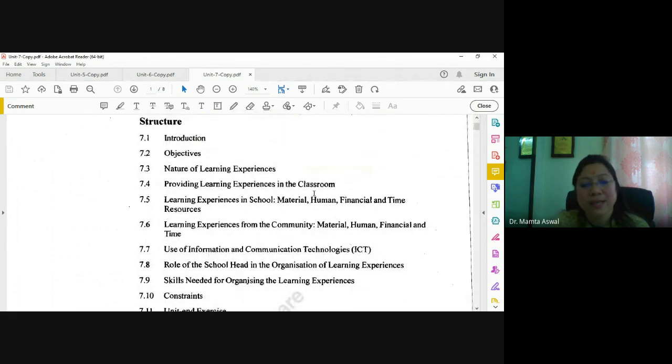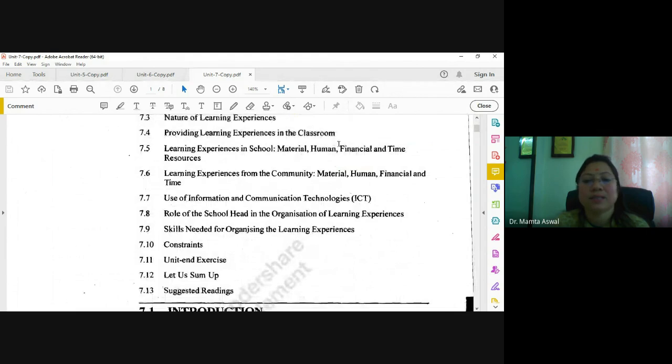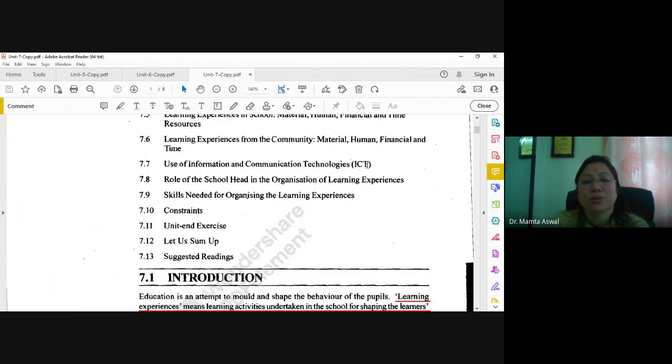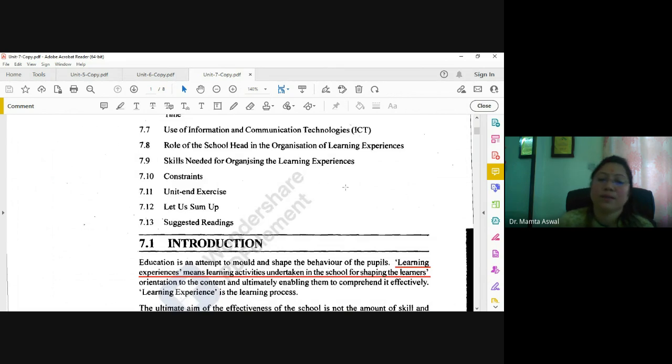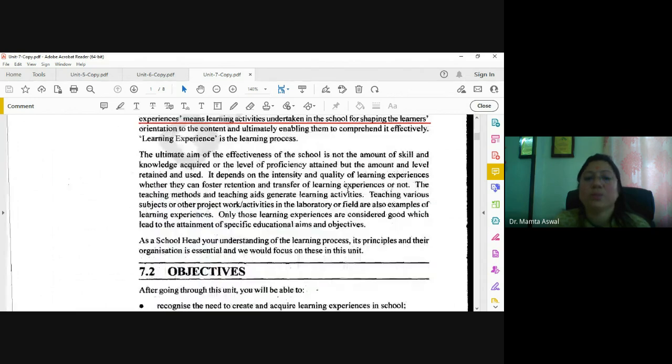How to provide learning experiences, and the material, human, financial and time resources that must be taken care of, how learning experiences can be taken from the community, how to use ICT, what is the role of the head, and what skills are needed. Whenever we say learning experiences, it means all the learning which happens inside the school, directly or indirectly. Directly in a teaching-learning situation, indirectly while they are not in one.